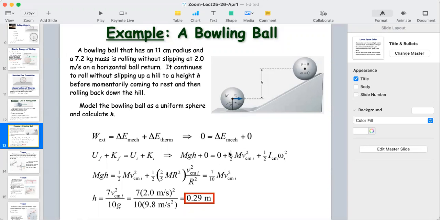Normally you would have written 1/2 mv squared, which is the kinetic energy. But because this is a ball rolling without slipping, you have to consider also its rotational kinetic energy. So 1/2 m v center of mass squared plus 1/2 I omega squared.